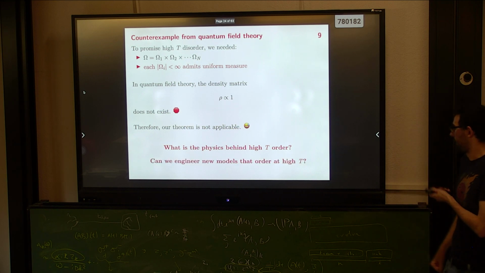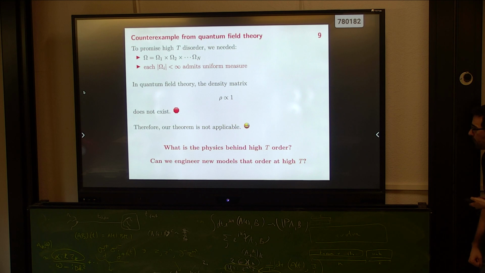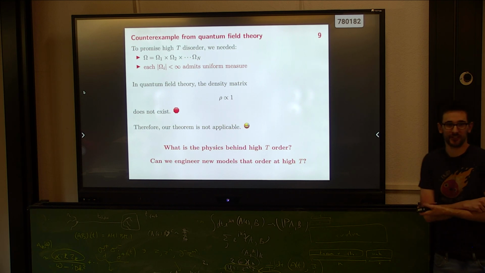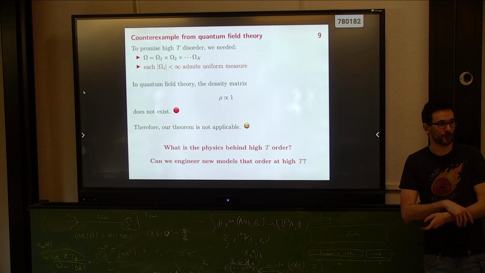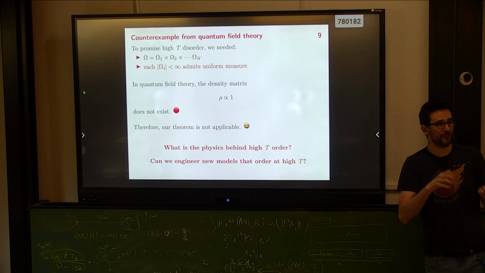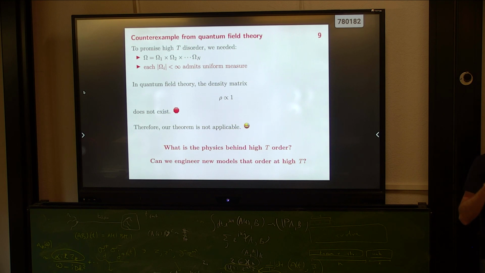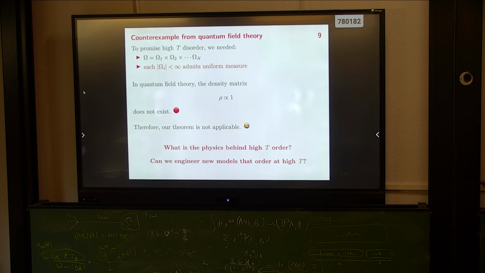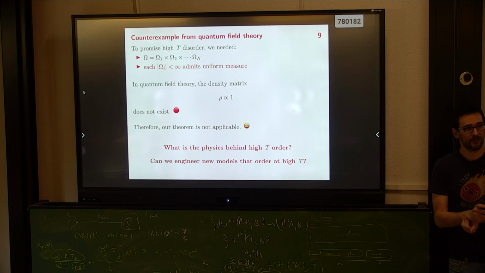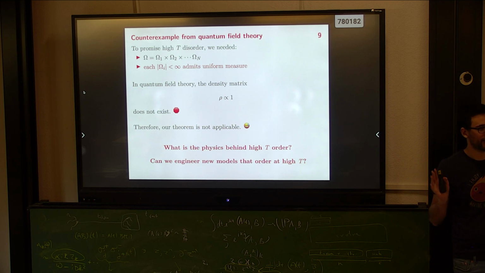I think we understand the answer to this question if we can take the next step, which is to build lots of new models that also order at high temperature. So we don't just have one quirky example, but a whole zoo of models that are actually ordered at arbitrarily high T. For the rest of the talk, I will address these two questions. All right. Any audience questions before I continue?